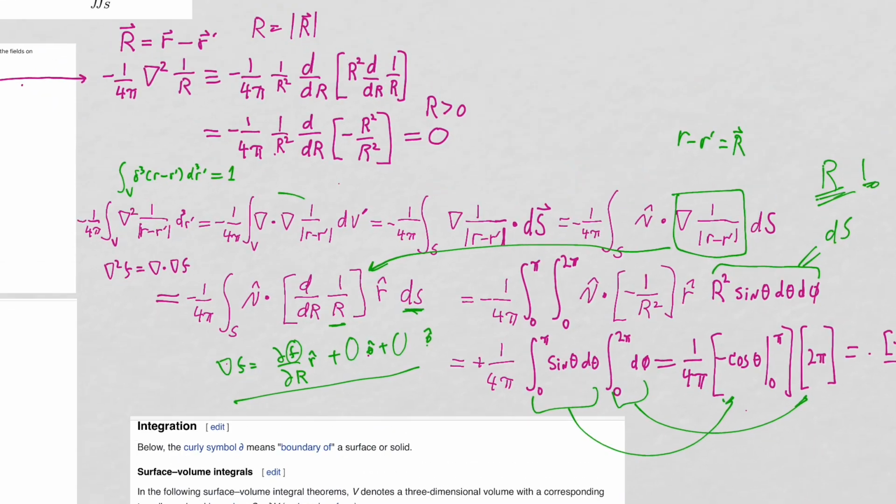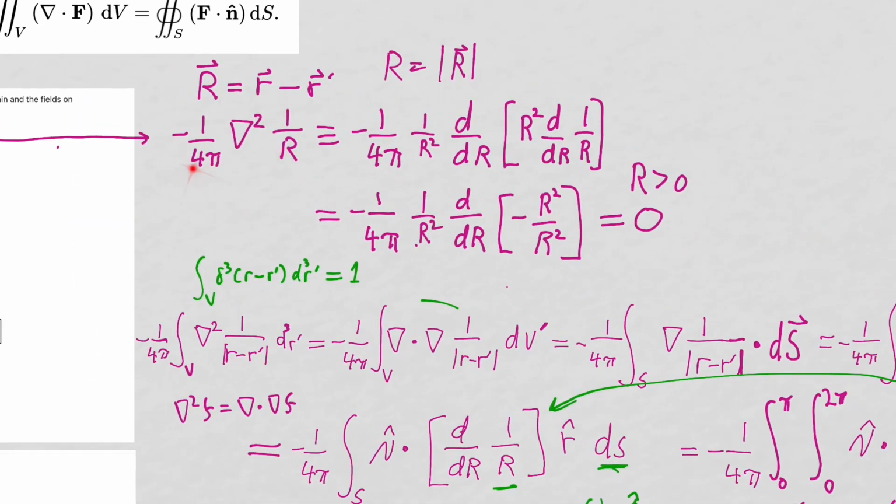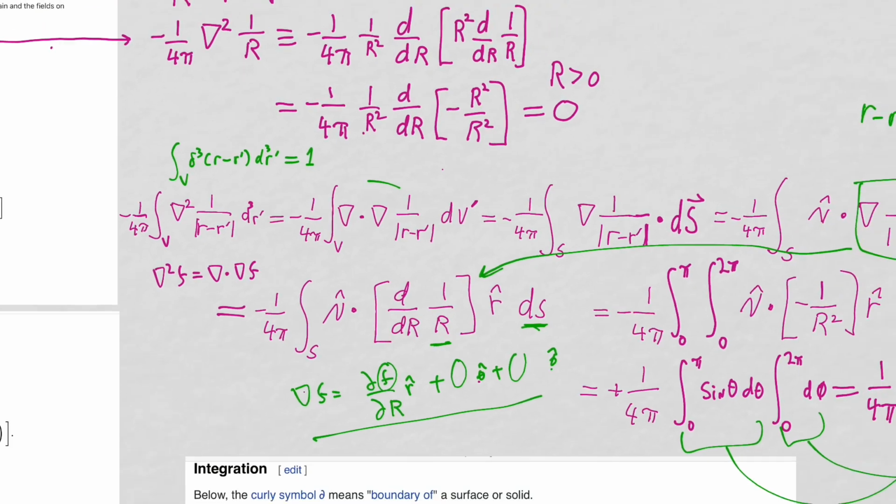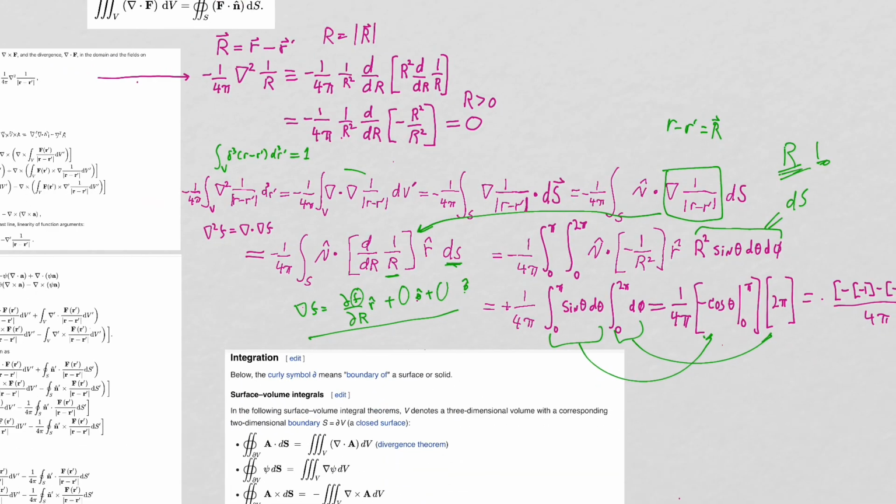And the reason it does is because this guy's value is 0 everywhere outside the origin. So any contribution outside the origin will be 0. So any deformation of this surface isn't going to change the integral. The entire contribution of the integral happens essentially when r prime equals r. It's a really interesting feature. I mean, that's what makes the delta function so fun and so fascinating.